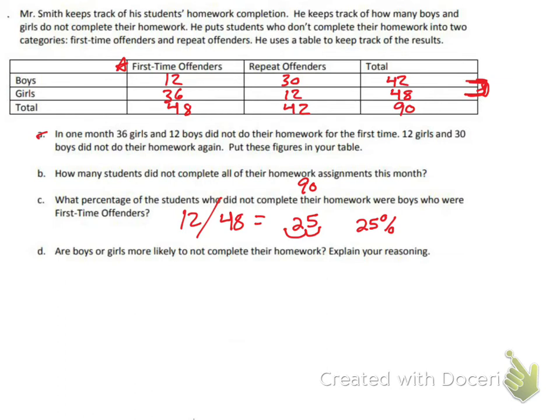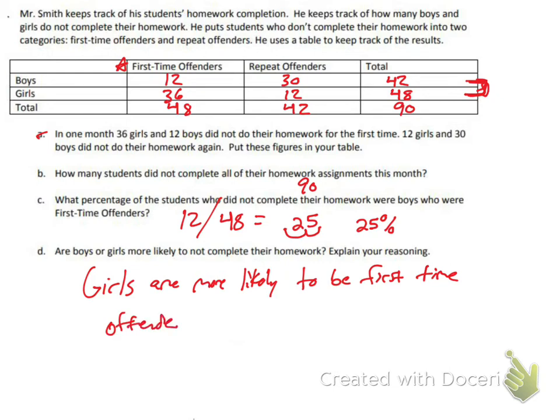You could say something like, girls are more likely to be first-time offenders, and boys are more likely to be repeat offenders.